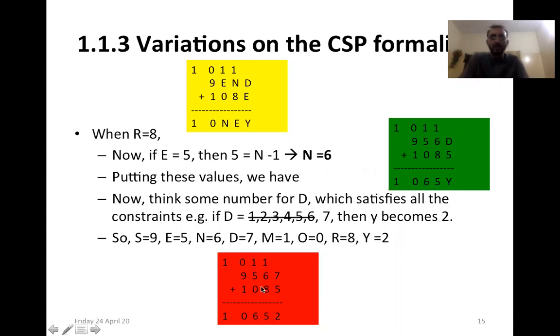We have found the unique numbers for all the unique letters that were given in the problem, and all the constraints of the columns in addition and all the constraints given in the problem are also satisfied.